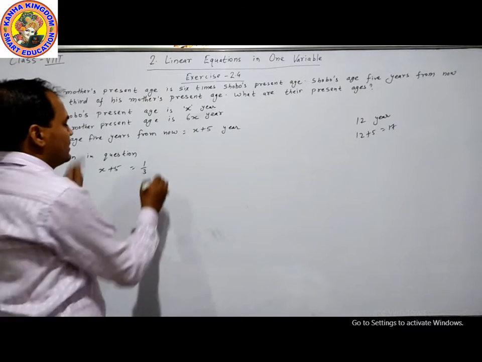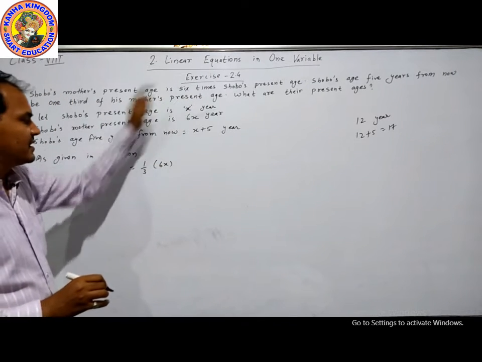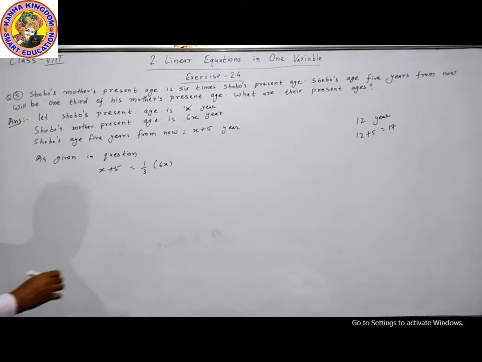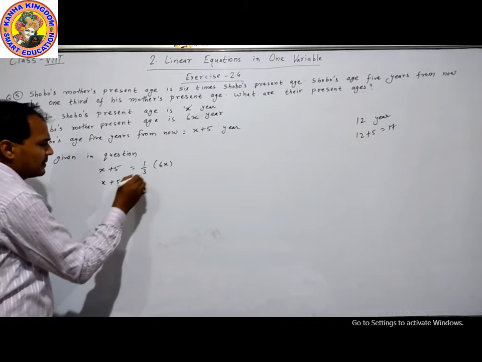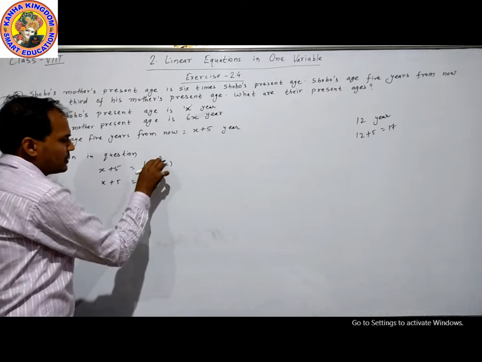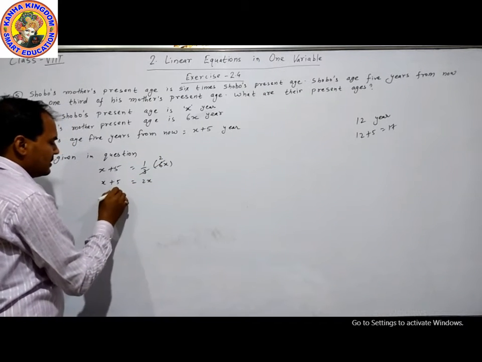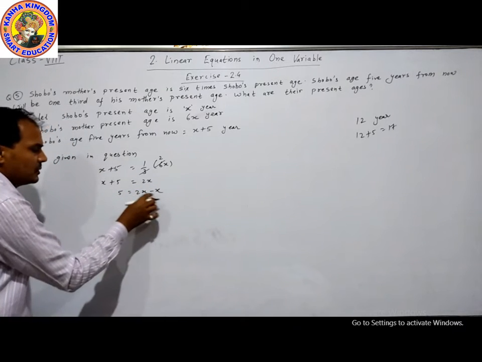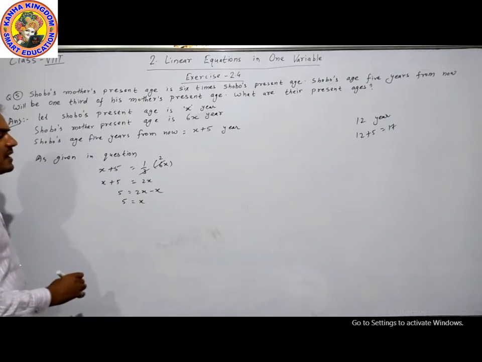Mother's present age is 6x, so 1/3 of mother's age. Now x plus 5 is equal to, this can be cut 2 times, so this is our 2x. Now transposing the x, 5 is equal to 2x minus x. 2x minus x is equal to x. x is equal to 5.